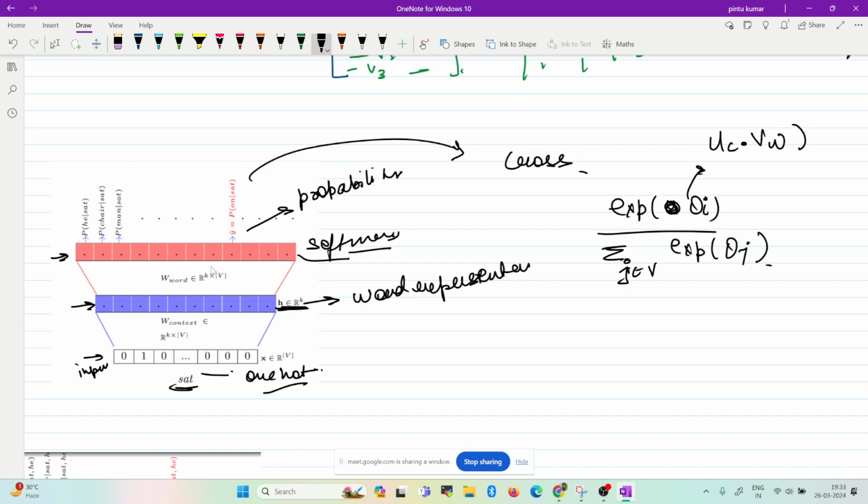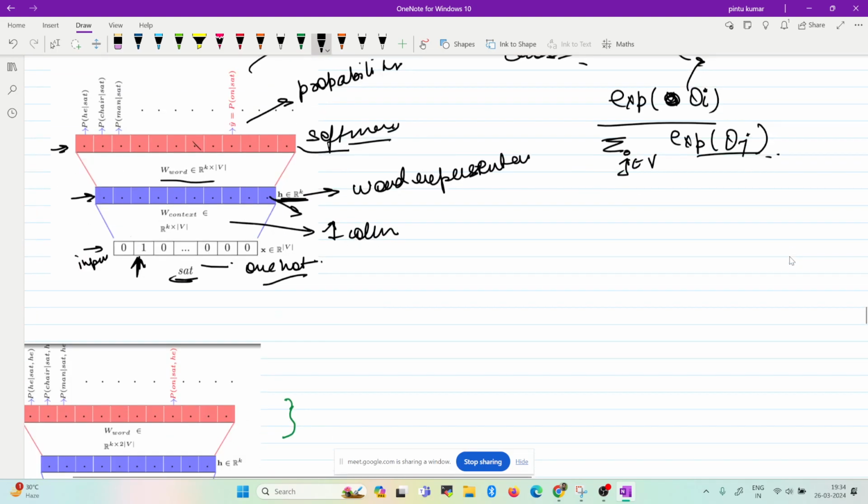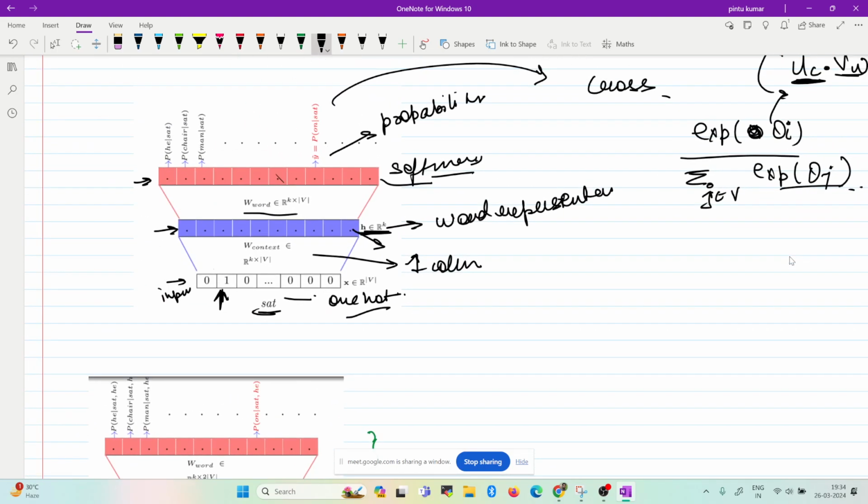This is because of the nature of the input: the H that you obtain will depend only on one of the columns of your weight matrix. So that's why you have something of the form U_C multiplied by V_W. People relate this to the representation of the context and this to the representation of your word. So this is the simple basic idea.